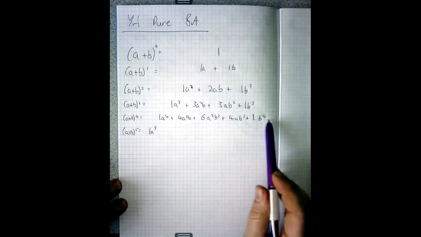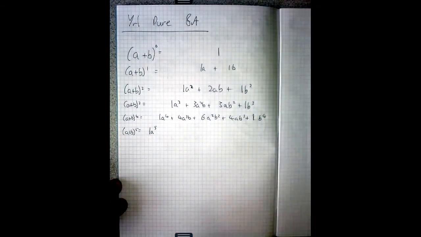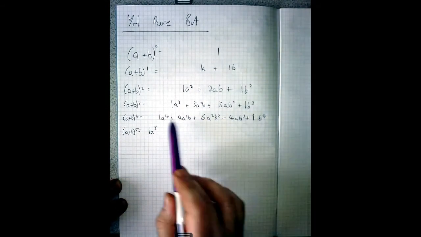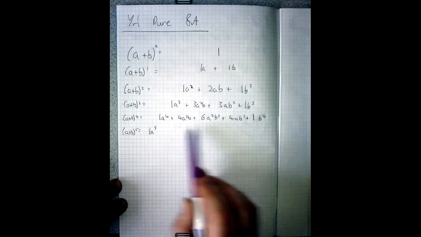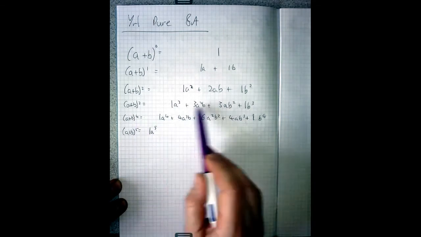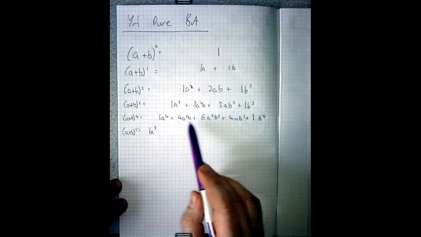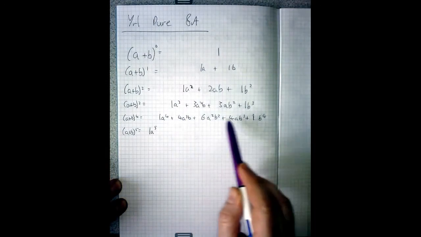Now the powers of a are decreasing: 4, 3, 2, 1, nothing. And the powers of b are increasing: b⁰, b¹, b², b³, b⁴. Because the powers of a are decreasing and the powers of b are increasing, they always add up to the same thing: whatever the power of the bracket is.